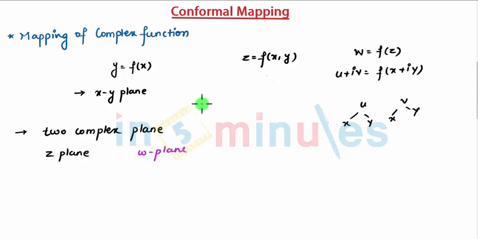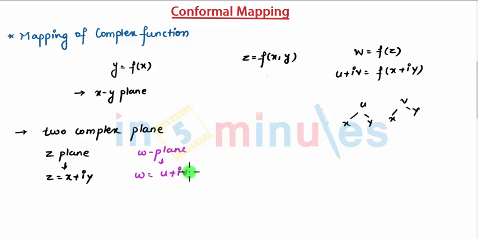These two planes are very important to plot the points. In the z plane we plot the point z equal to x plus iy, and in the w plane we plot the point w is equal to u plus iv.